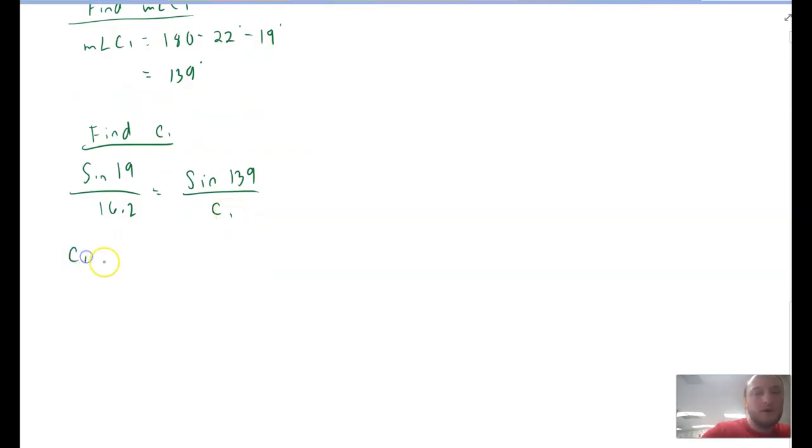All right, so C1 times sine of 19 is equal to 16.2 times sine of 139, making C equal to 16.2 sine of 139.